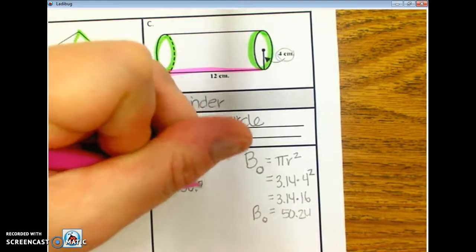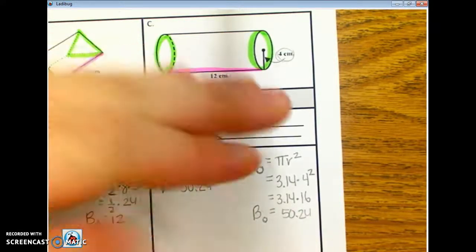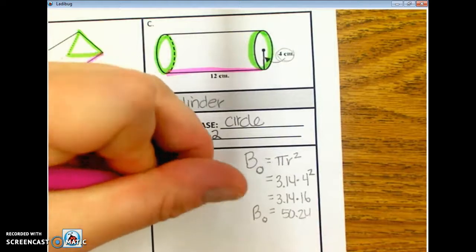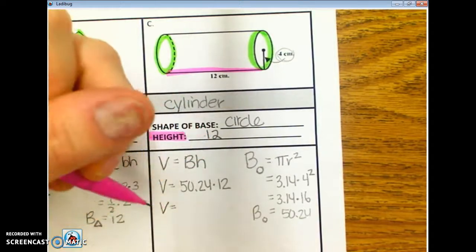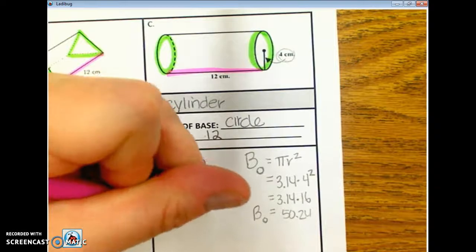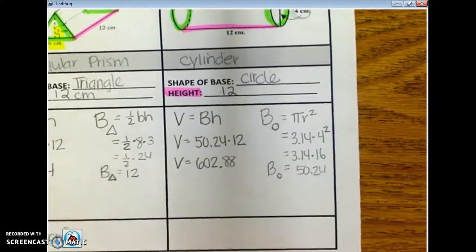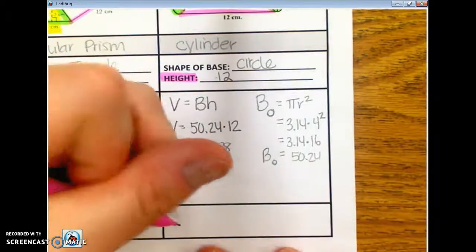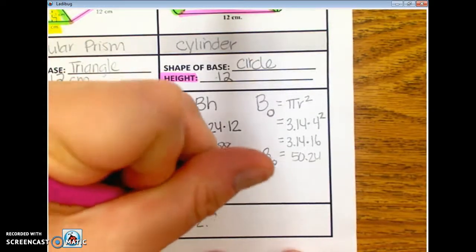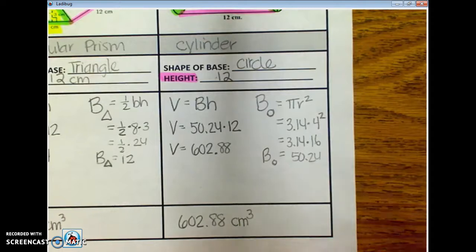So there's the area of my base, and my height, how many circles I'm stacking on top of each other, is 12. So I'm going to take that number and multiply it by 12, and I get 602.88. Okay? All right, so I'm going to rewrite my answer with the correct units, and that's centimeters cubed.